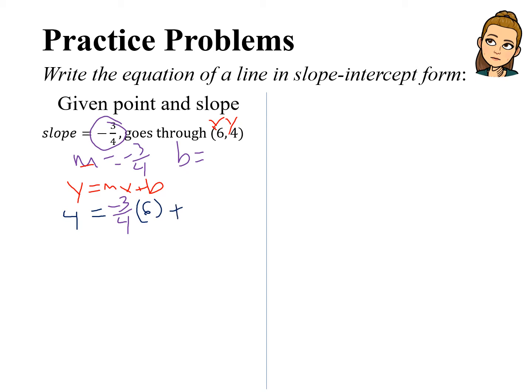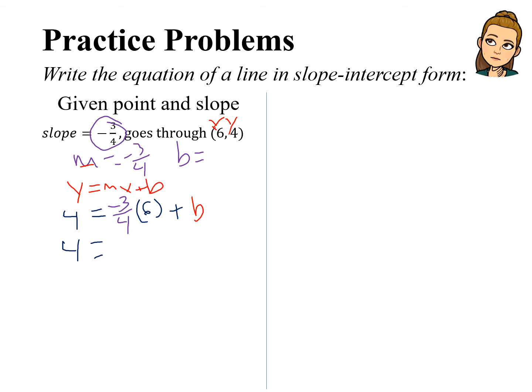I have an unknown piece, so plus b. Well, now all I need to do is use my equation solving skills, and I get 4 equals -3/4 times 6. Well, that's going to be -18/4, which is simplified to -9/2.